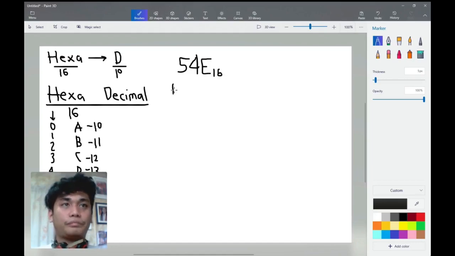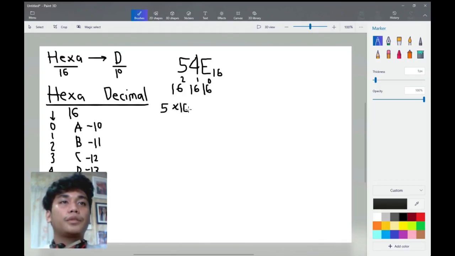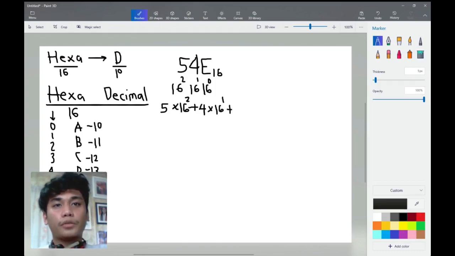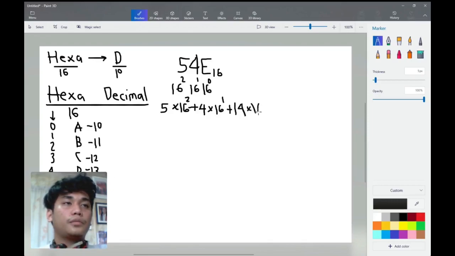So we have 16 to the power of 2, 16 to the power of 1, and 16 to the power of 0. So we have 5 times 16 to the power of 2 plus 4 times 16 to the power of 1 plus E corresponds to 14, 14 times 16 to the power of 0.